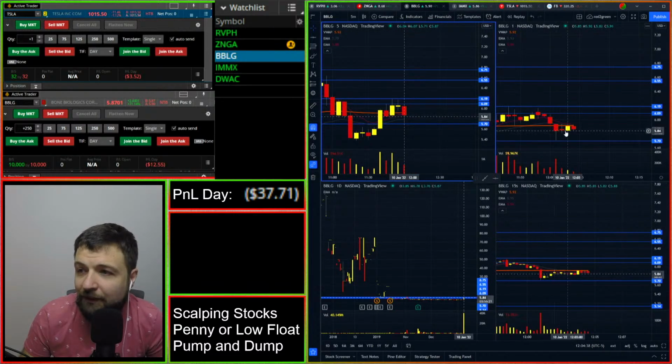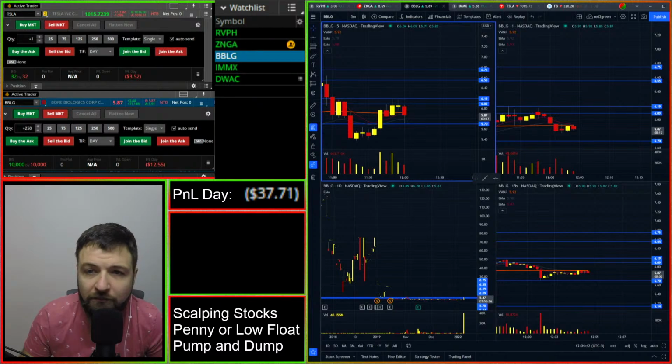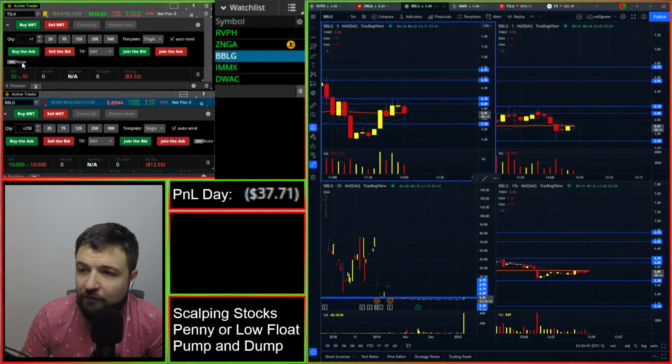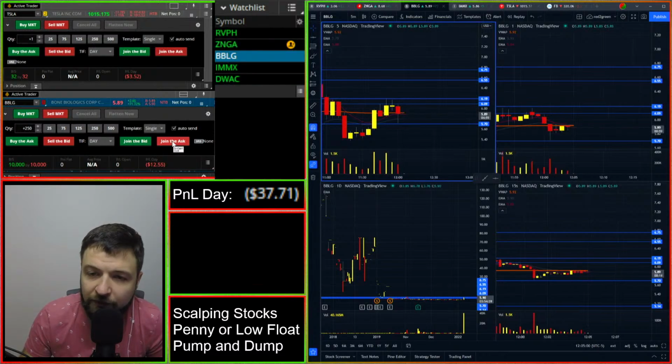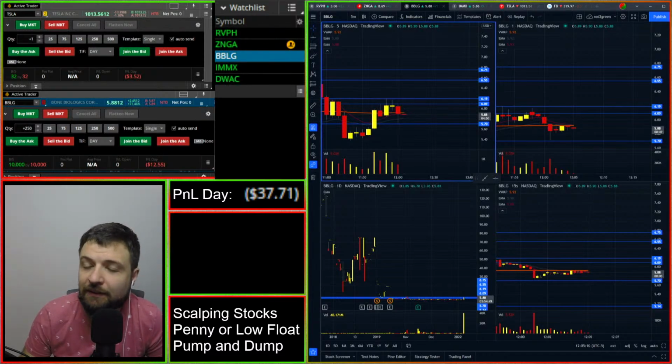BBLG, maybe a flat top here at 92, 94. We have a 5 minute setup at 14 seconds. I don't know, let's watch this for volume. There's volume coming in right here. Below VWAP. Let's see what it's going to do. Looks like it doesn't want to do anything yet, but they're still hovering around this 90 mark.